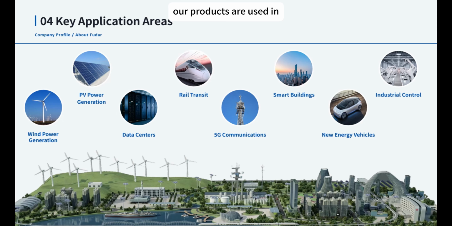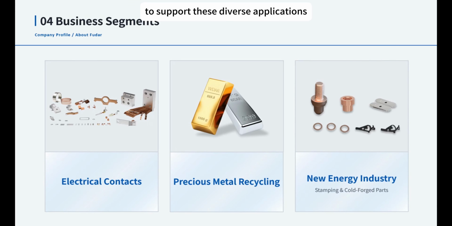Our products are used in wind and solar power generation, data centers, rail transit, 5G communications, smart buildings, new energy vehicles, and industrial control. To support these diverse applications, Fudar's business is organized into three main segments: electrical contact materials and assemblies, precious metal recycling, and stamped and cold forged parts for the new energy industry.